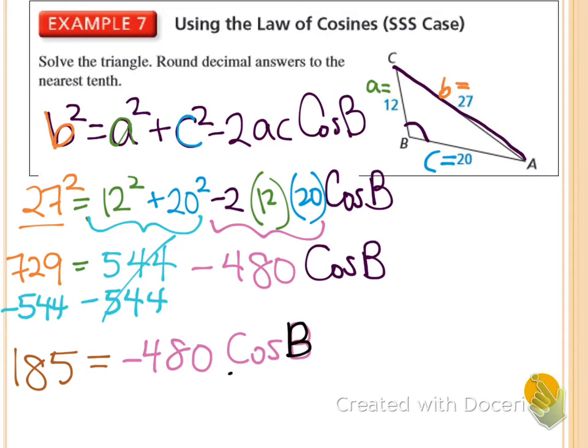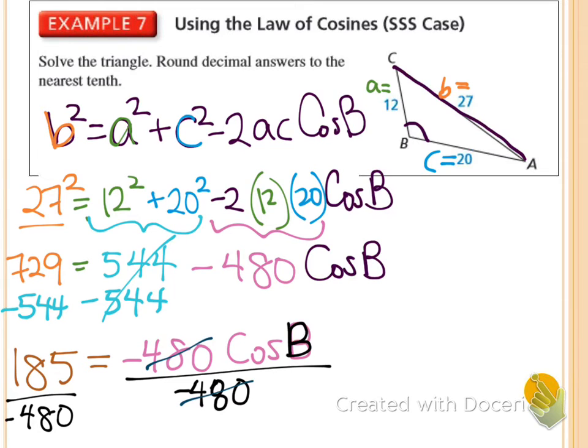In order to get B by itself, we need cosine of B by itself. This negative 480 is multiplying by cosine, so we need to divide by negative 480. What you need to make sure you do is pay attention to that negative, because if you don't divide by the negative, you will get a completely different answer, and it will not be correct, obviously.